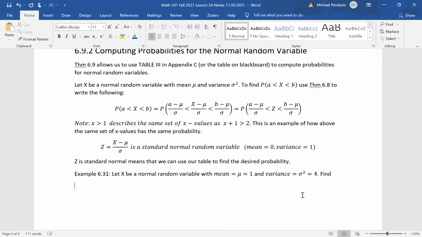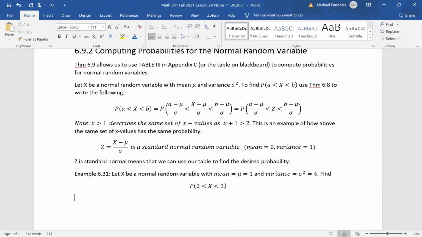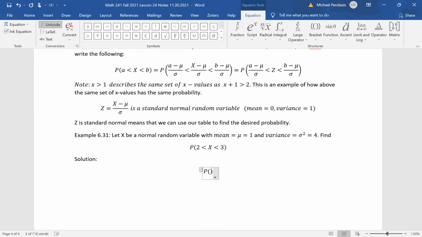Find the probability that 2 is less than x, less than 3. So we want to find the probability that our normal random variable is between 2 and 3. So we're going to follow the method I mentioned above.